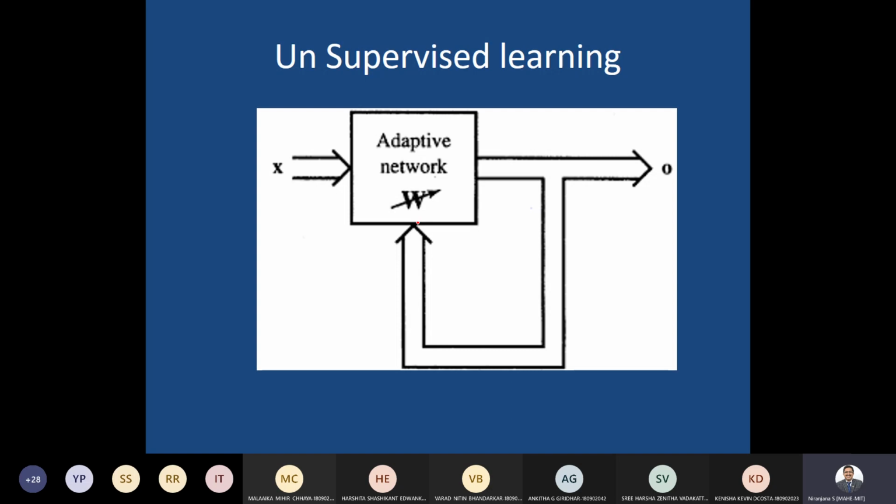Input is fed, and the output is used for modifying the parameters of the network using some control. So this also helps you to understand the pattern, helps you to do the classification, error detection, and so on. But the problem is, it's a different type of model.